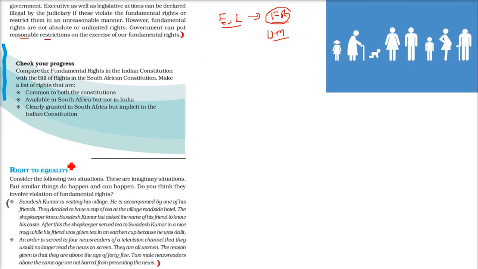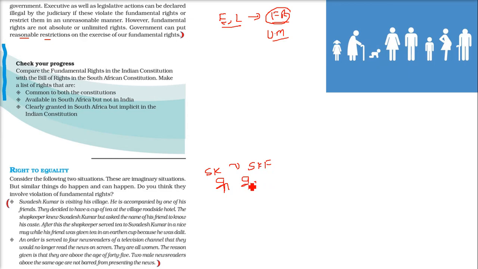Coming to the right of equality, I will tell you two very short stories, and I want you to decide whether they were given the proper right to equality or not. Two people: one was called Sudesh Kumar and the other was Sudesh Kumar's friend.